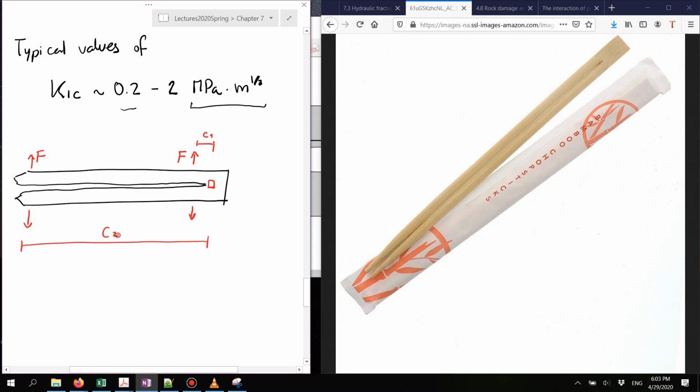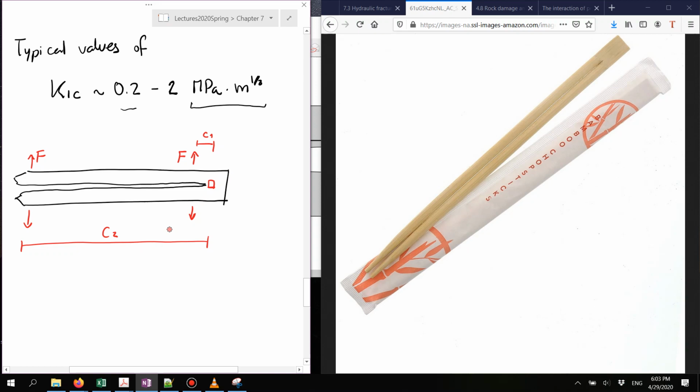In this case, the length times the force is a lot bigger, and so it's going to be a lot easier to break these chopsticks. And with fractures, it's going to be the same.